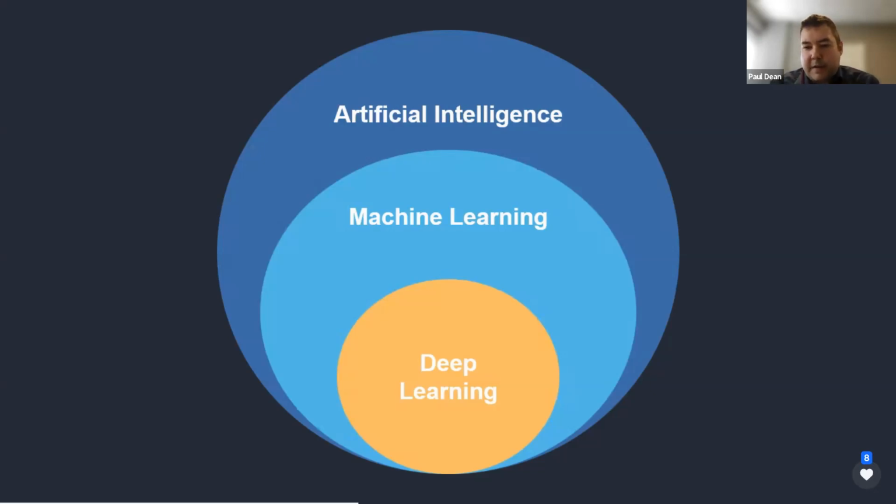Now, as we drill down into deep learning, we're really starting to talk about attempts to get these kinds of algorithms to mimic the cognitive abilities of humans. And these are typically or frequently done through the use of neural networks.